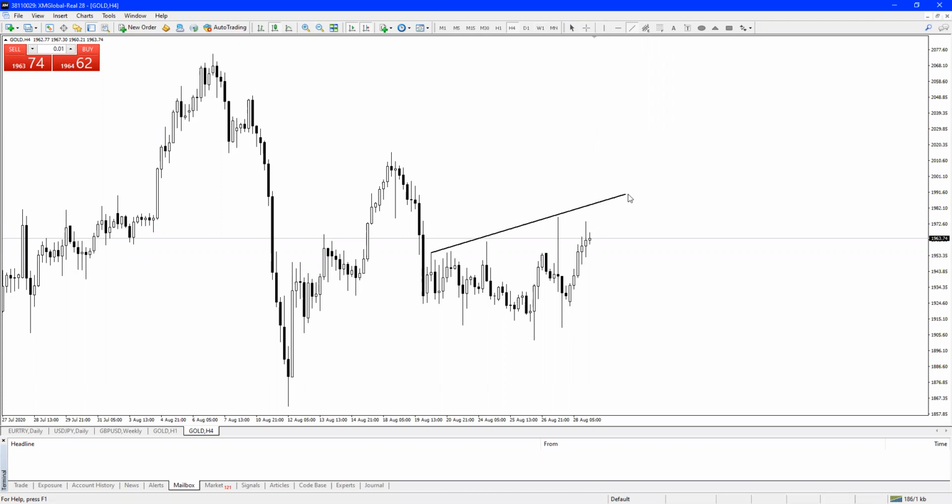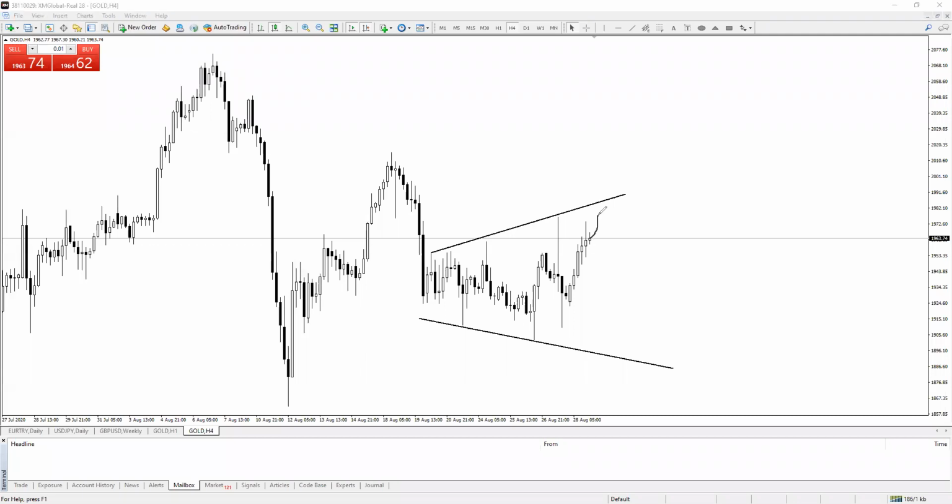We have this, and we have that. What do we see? We see an inverse wedge, right? So if price is able to come outside this inverse wedge, there's no way price is dropping. This is a breakout trade.